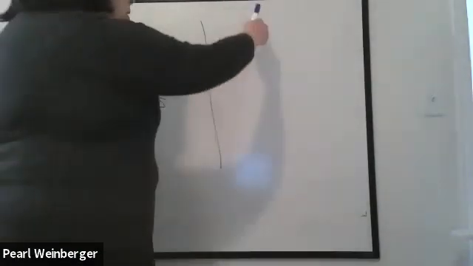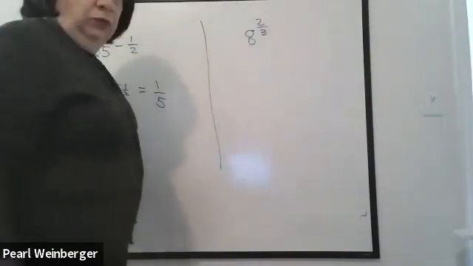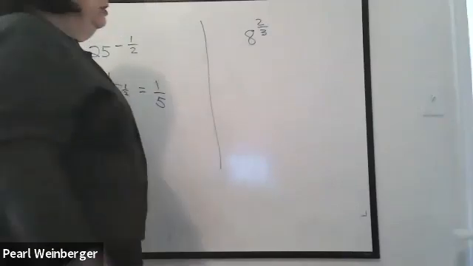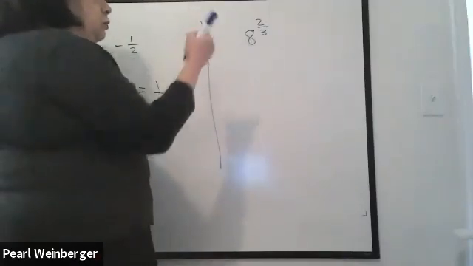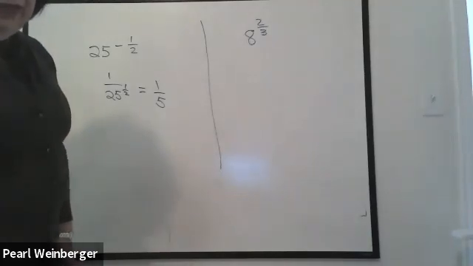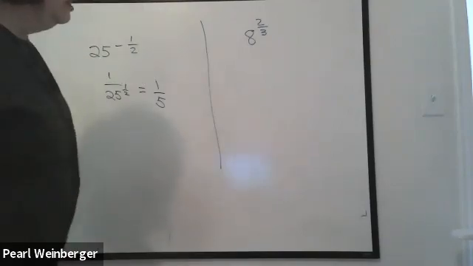So until now, all the exponents that I gave you that were fractions had a 1 as the numerator of the fraction. So what does it mean that we want to do 8 to the 2/3? I'm going to first do it without a calculator, and then we're going to try it with our calculator.